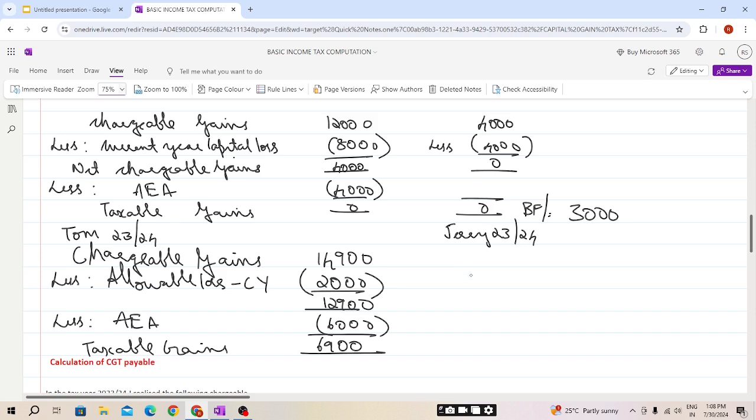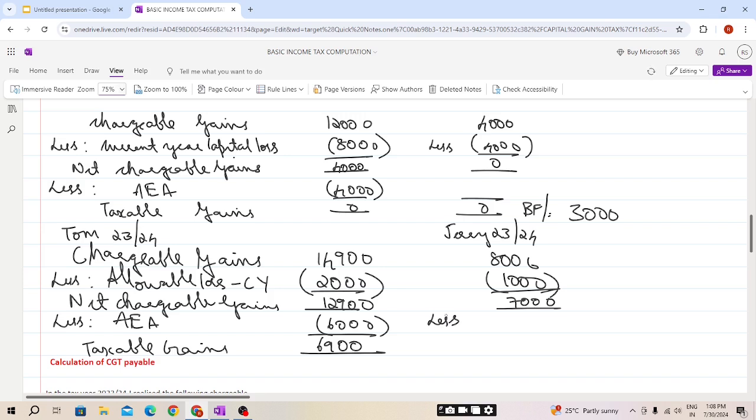Now for Jerry, the chargeable gains is, students, 8,000, allowable loss is 1,000. So the net chargeable gains is, students, 7,000. Then current year we have set off less AEA.